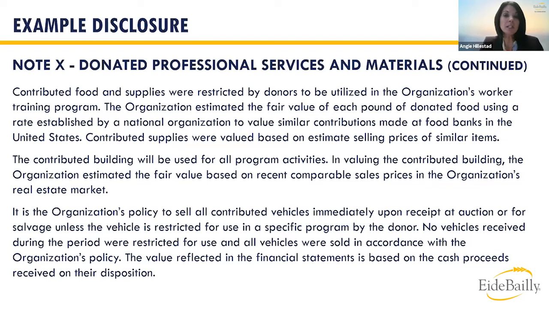No vehicles received during the year were restricted for use, and all vehicles were sold in accordance with the policy. The value reflected in the financial statements is based on the cash proceeds received at the vehicle's disposition. So what you can really see here is a lot of great information being provided to the reader to let them know how our organization valued those vehicles.